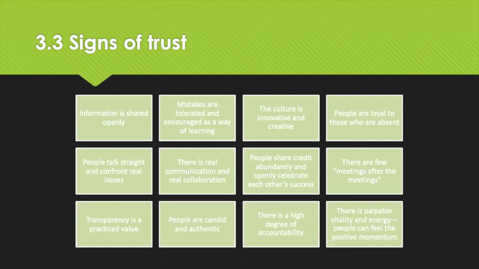In high trust institutions, we observe the behaviours listed here. Information is shared, mistakes are tolerated, there is a culture of innovation, people are loyal, people talk straight and confront real issues, there is real communication and collaboration, we share credit abundantly and openly, there are few meetings after meetings, transparency is a practised value, people are candid and authentic, there is a high degree of accountability, and a palpable energy where people feel positive momentum.